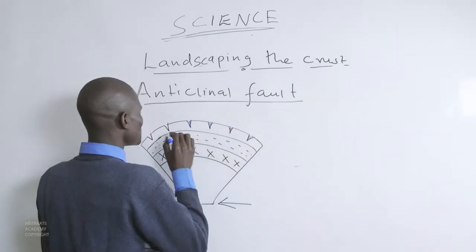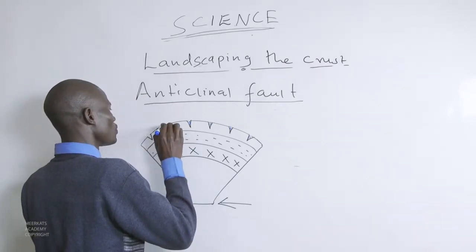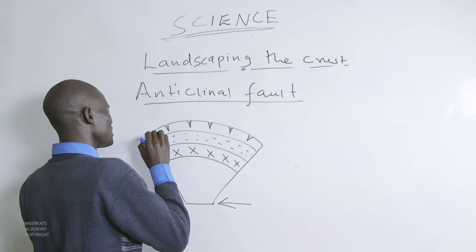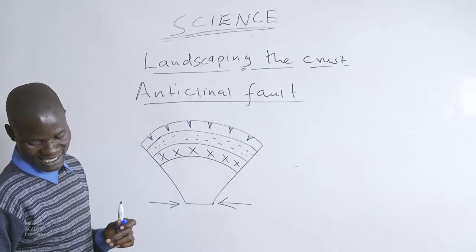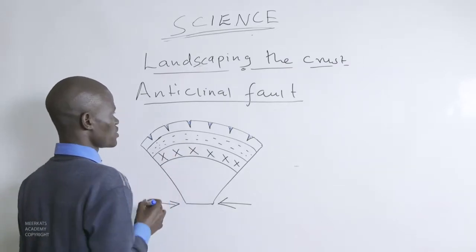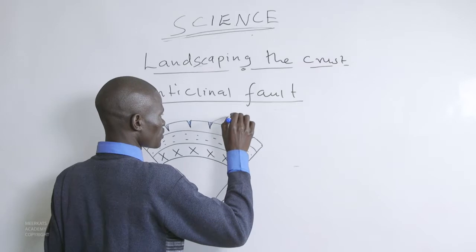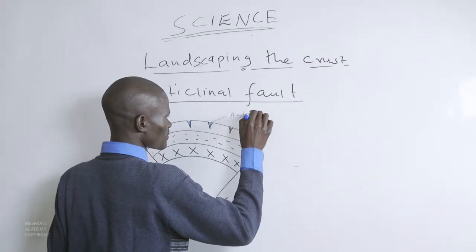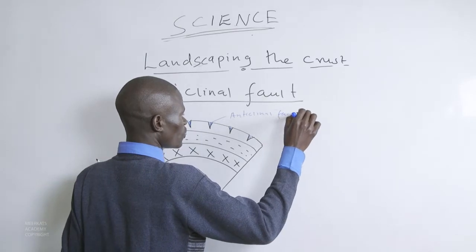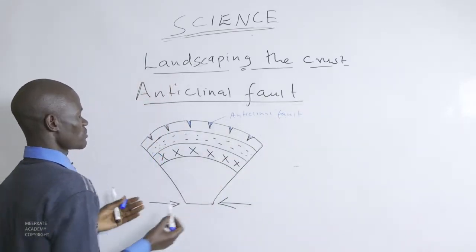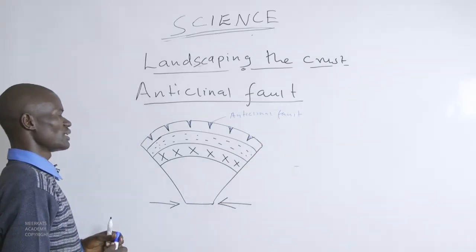And when these parts are subjected to erosion or weathering, some furrows will be developed on the anticlinal fault when you subject this piece of the earth crust to erosion.